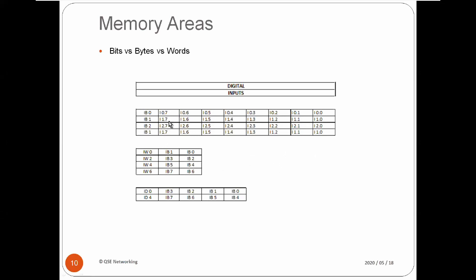The final bit 1.7 would be the sign, whether it's positive or negative. Then you have double words. If you reference input double 0, it's actually input byte 0 and 1 and 2 and 3. So that is 16 bits, and this is 32. So you can read them as bits, read them as bytes, you can read them as words and doubles.